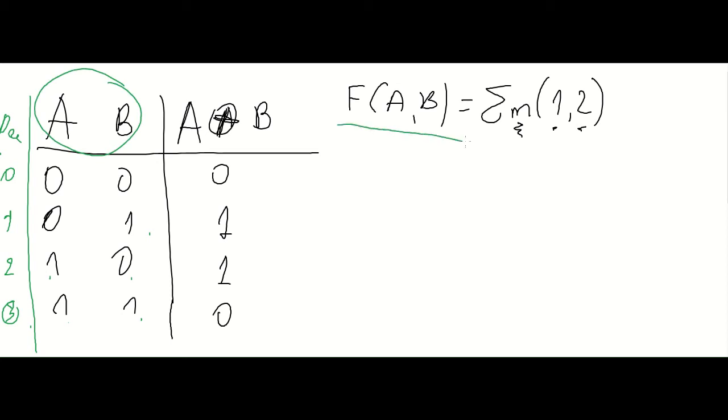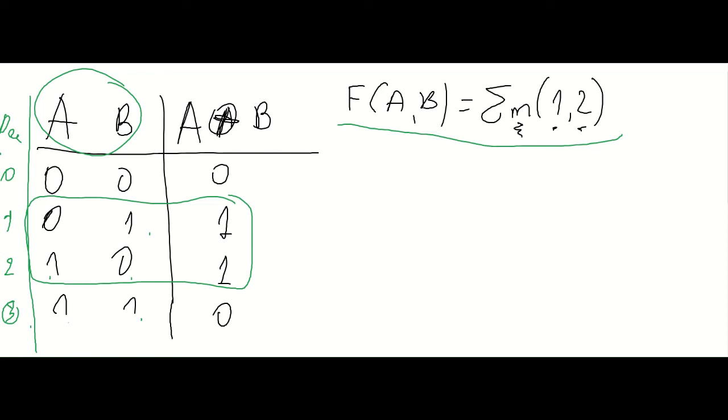This type of algebraic notation is used as a sum of min terms, and we show which lines evaluate to true in that formula. So actually these two lines define the formula, and we can extract the formula from this truth table.